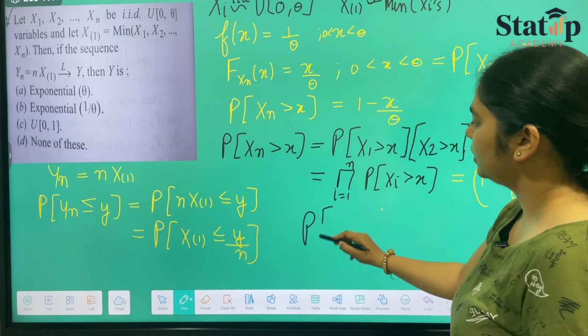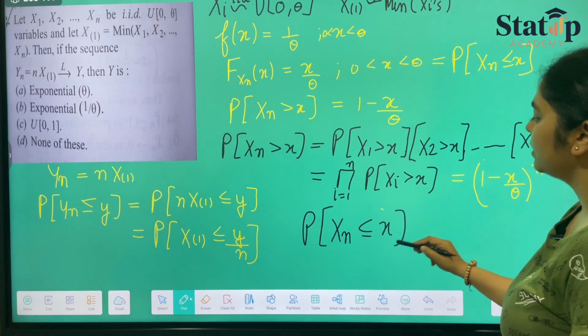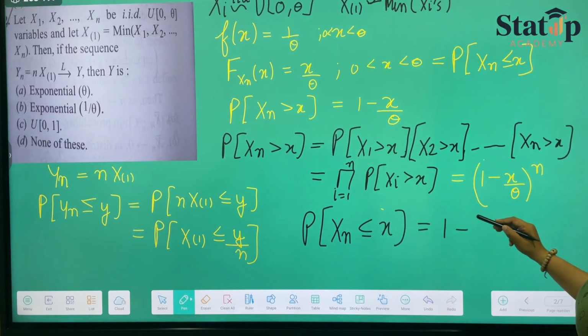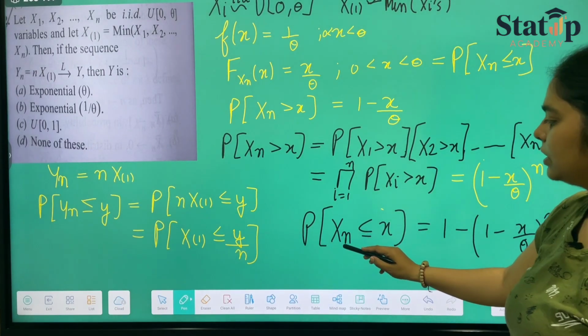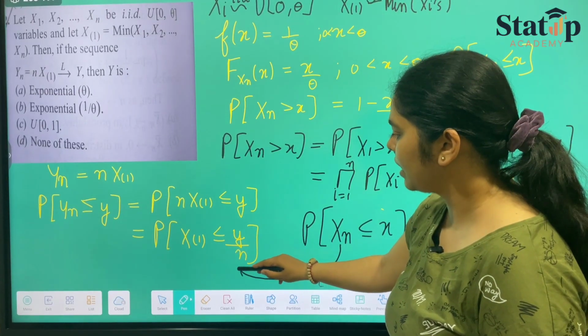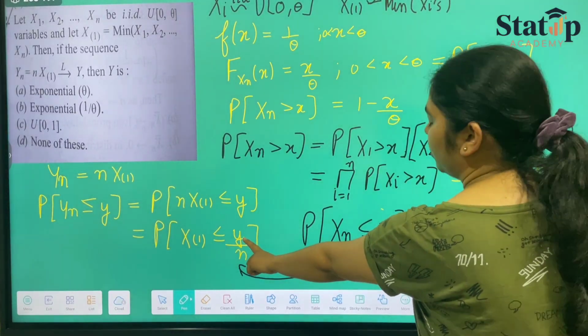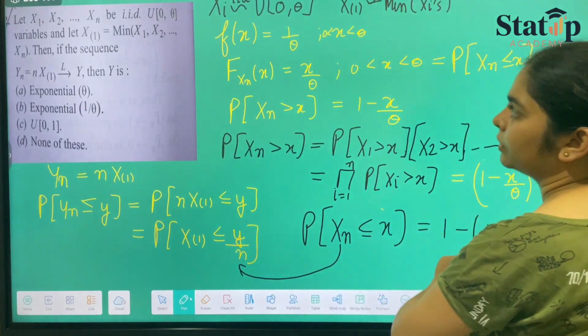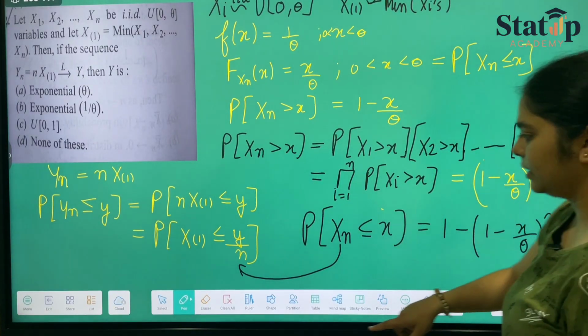If we have to calculate the probability that Xn is less than or equal to x, then this will be nothing but 1 minus x upon theta raised to the power n. Similar to this kind of equation, we have this kind of equation. So instead of x, we have to put y by n here.